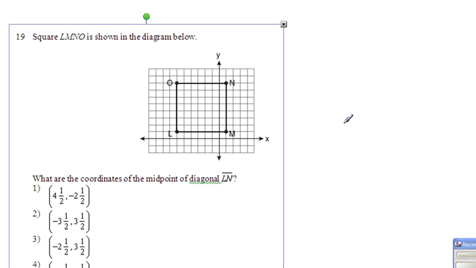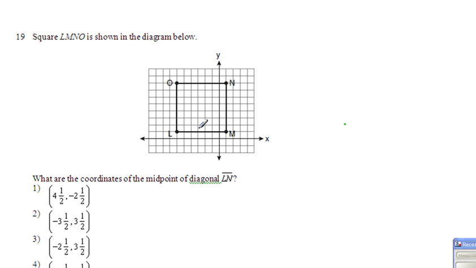Number 19. Here we have midpoint. Midpoints, that means simply getting the average between the two coordinates here. So we have L becomes -6, 1. Now N becomes 8, 1, no, I mean 1, 8.